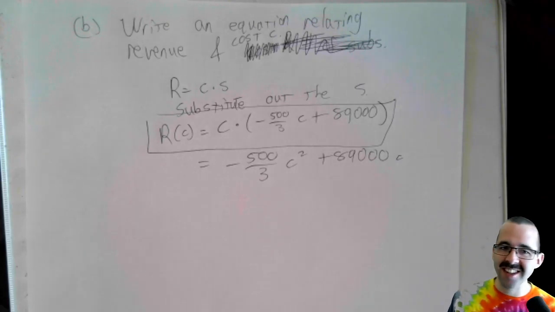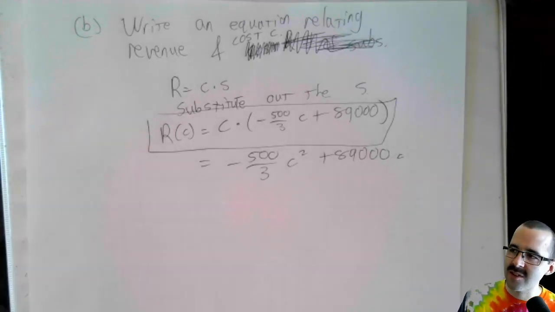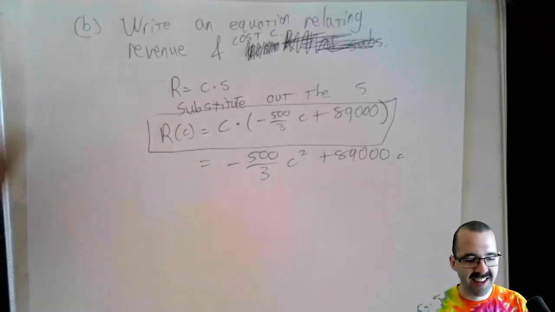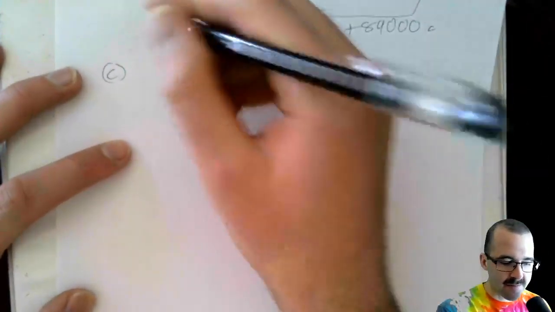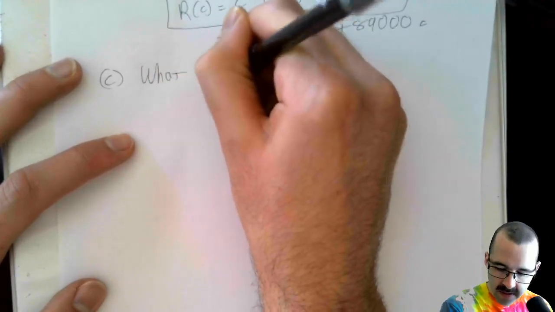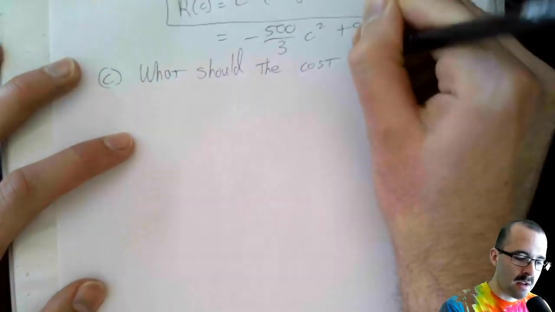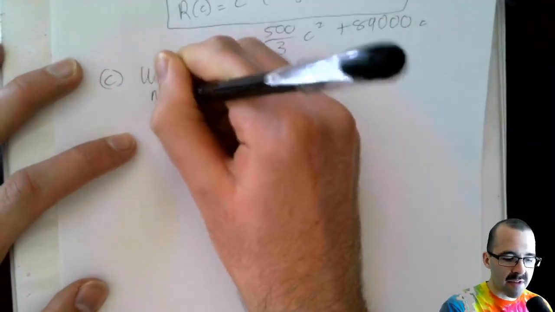A quadratic function. That's what we're going to use in part C. Okay? So in part C, what should the cost be to maximize revenue?